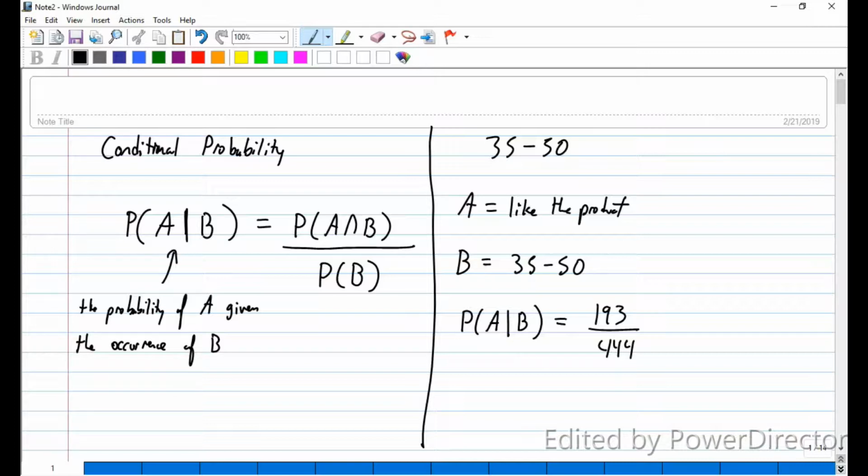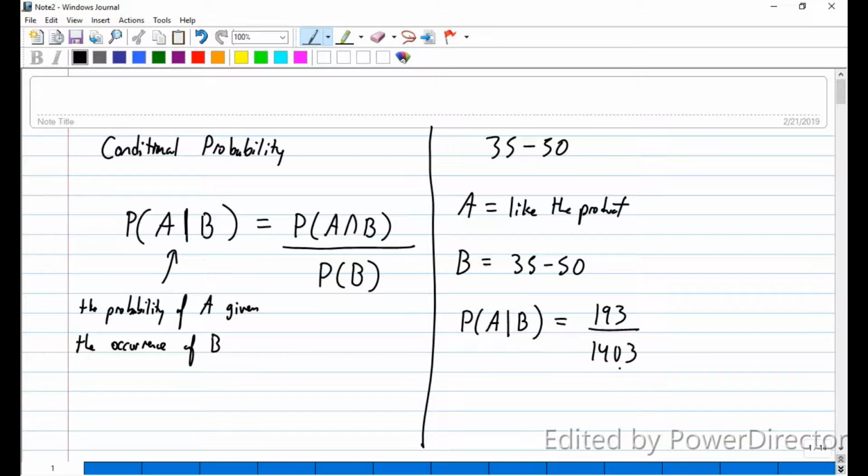All right. Now, what is the probability of A and B together? It's 193 out of the entire total. What's the entire total? 1403.